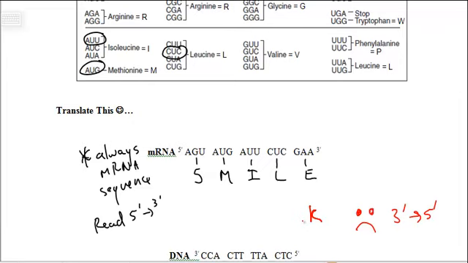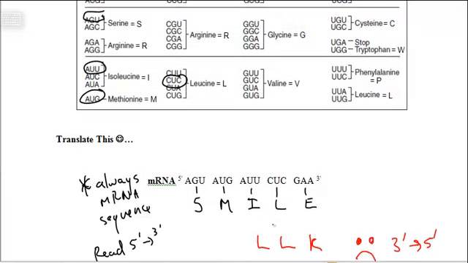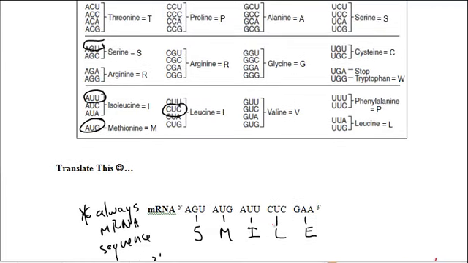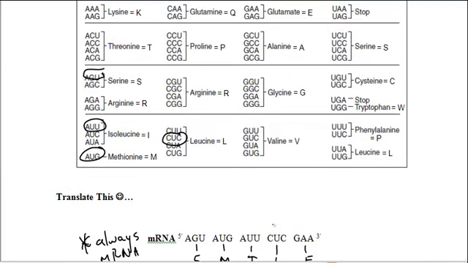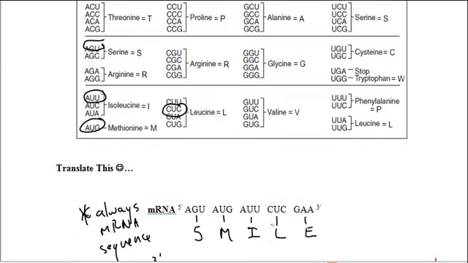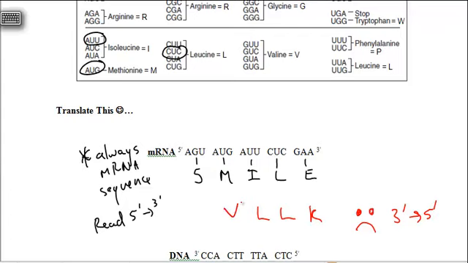If we went CUC, well, it's a palindrome, so that one would still be L. But UUA would be an L. GUA would be valine, V, and UGA would be stop.